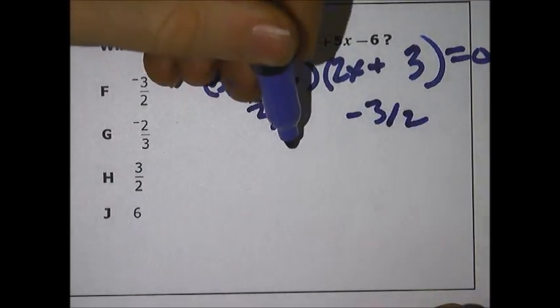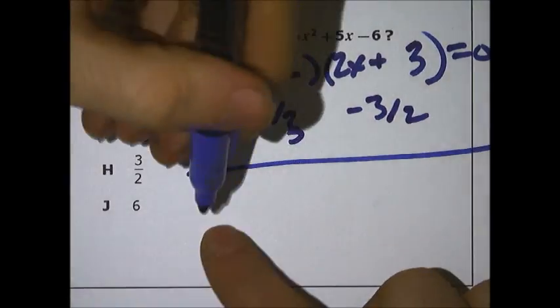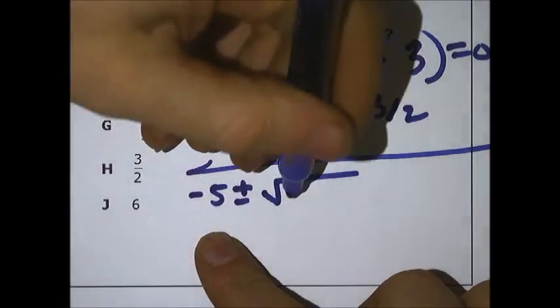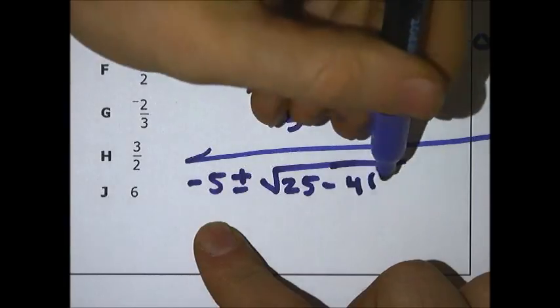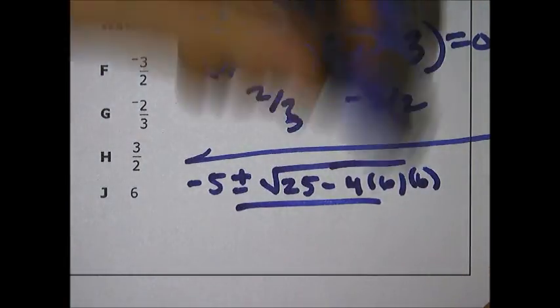If we went to the quadratic formula, it'd be negative b, so -5, plus minus the square root of b squared is 25, minus 4ac, all over 2a.